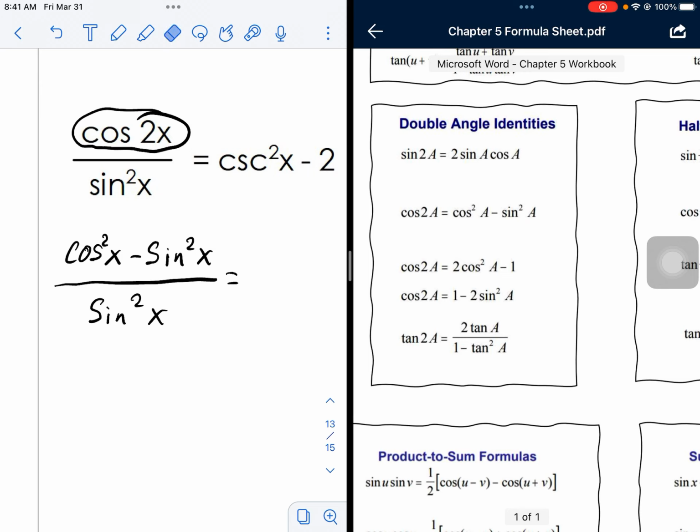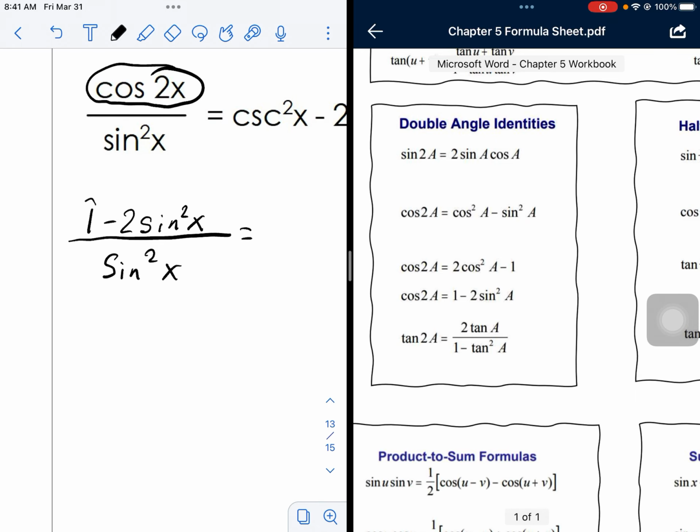So instead, if you get stuck like I did, we're going to go to a different one. Let's try this bottom one here: 1 minus 2 sine squared x, over sine squared x.